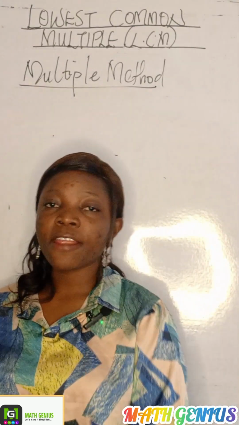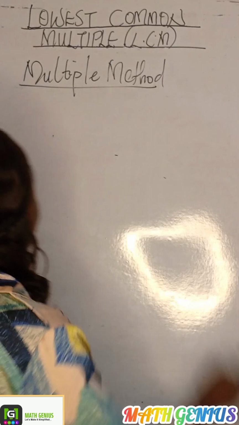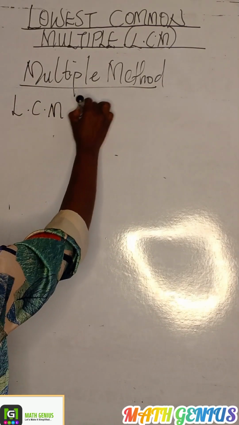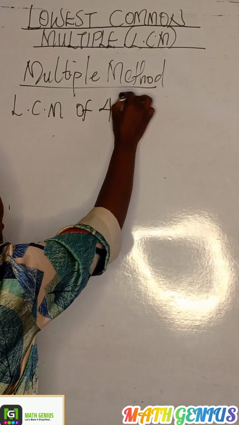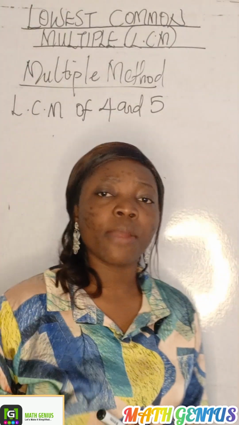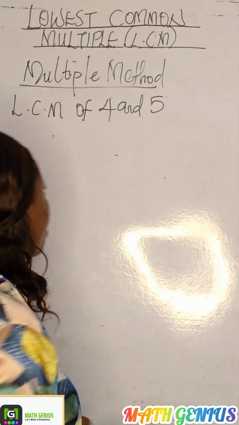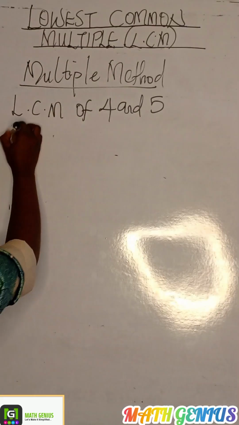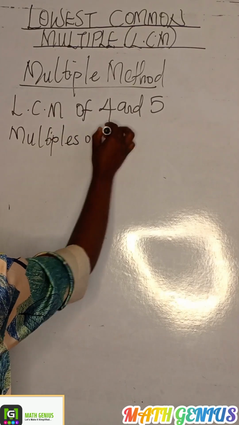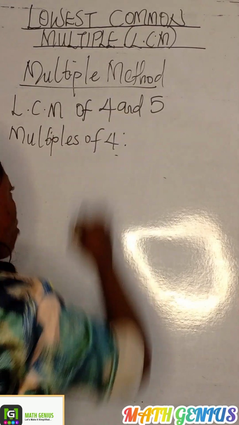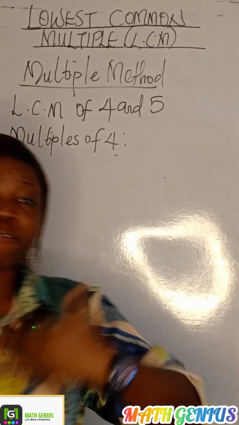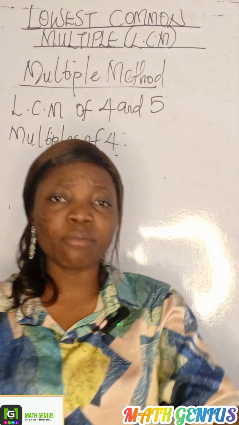Okay, let's take the very first example using the multiple method. We are asked to find the LCM of 4 and 5. All you need to do here is to write out the multiples of 4, probably up to the first 10 multiples.